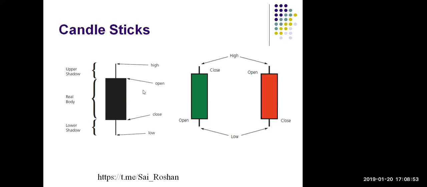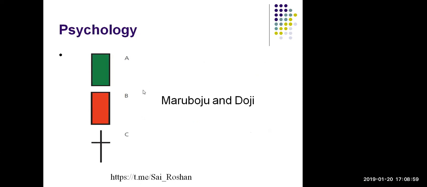Once we know about the candle, we can do a lot of things with a single candle itself. The most important thing is that candlesticks talk about the psychology of human beings. If I look at a green candle, for example, what does that indicate? It indicates that the stock opened in the market, and by the end of the day it closed at the highest part.